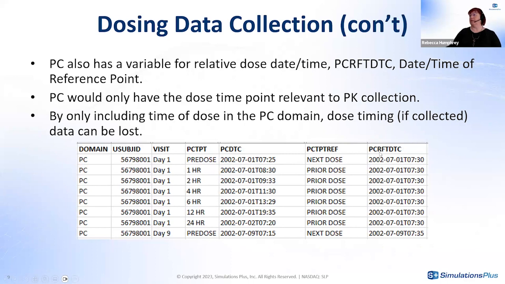But then in PCRFTDTC, that is where a relative dose date and time can be captured. So in this example, the 1 dose date time of July 1st at 7:30 is associated with the first few records on day 1. And then for the PK sample collected on day 9, you'll see another dose date and time captured on July 9th.